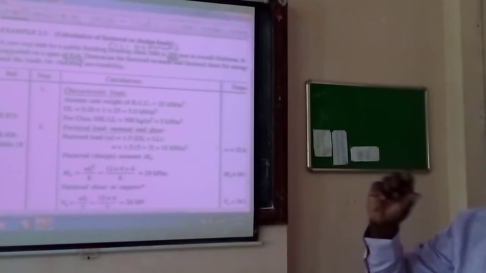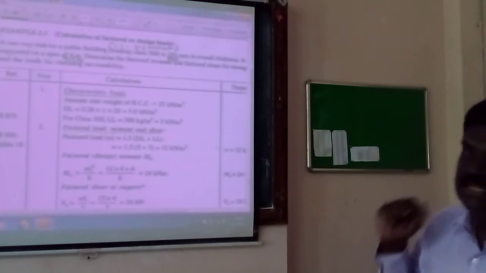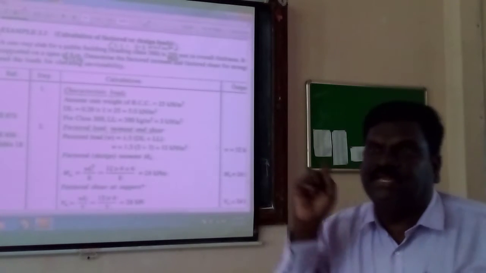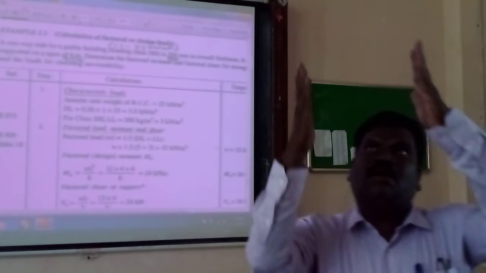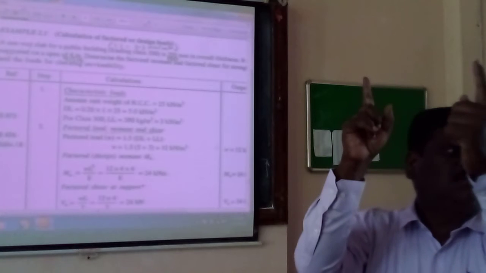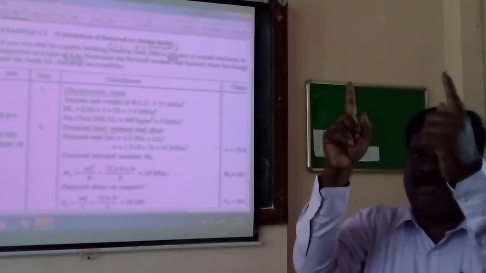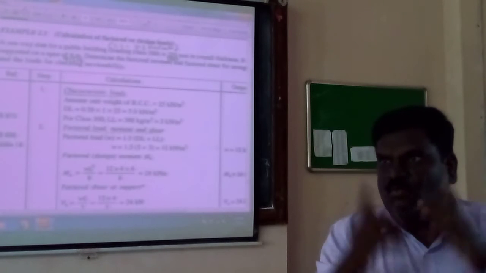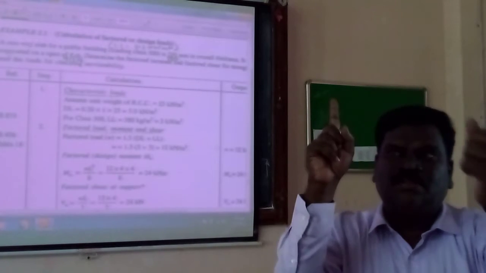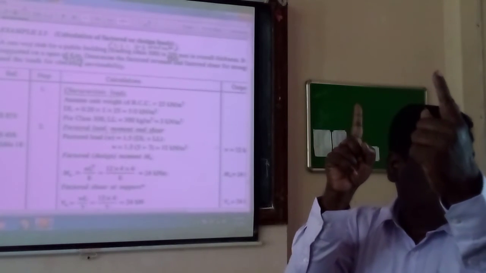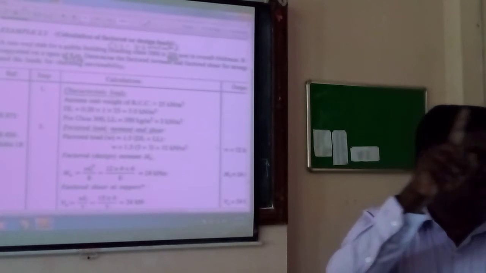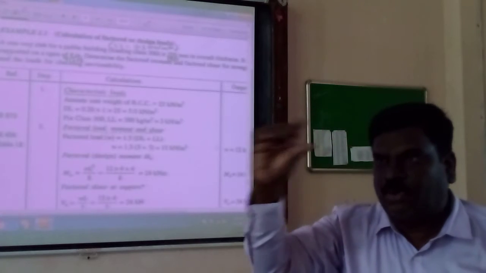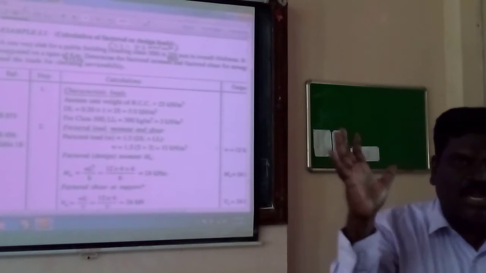In that, what thickness is given? 180 mm. 180 mm means how many meters? 0.18 meter. So I have a 1 meter wide strip. For 1 meter run, what is the area of concrete available? 1 into 1, 1 meter square. That into thickness, 0.18 meter, is the volume of concrete.